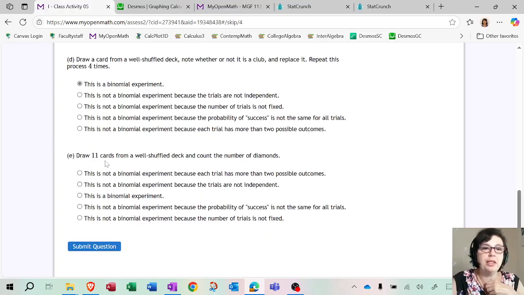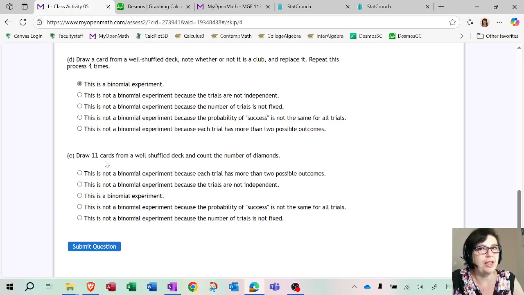All right, let's look at this one. This one may be the trickiest one of all. It says, I draw 11 cards in succession. It does not say anything about putting the card back, and I'm just counting the number of diamonds. The problem with that situation is that if you take the first card and it was a diamond, that's going to change your chance of a diamond on the second time around, because originally you had 13 diamonds, but now you're only going to have 12.